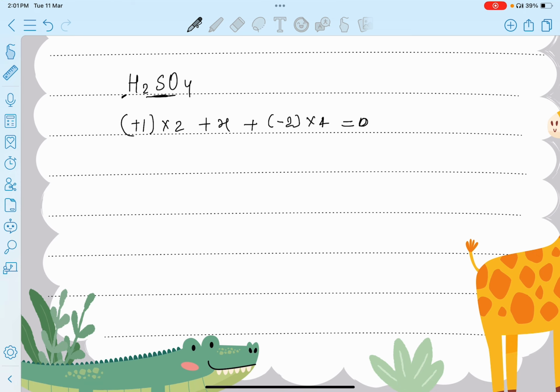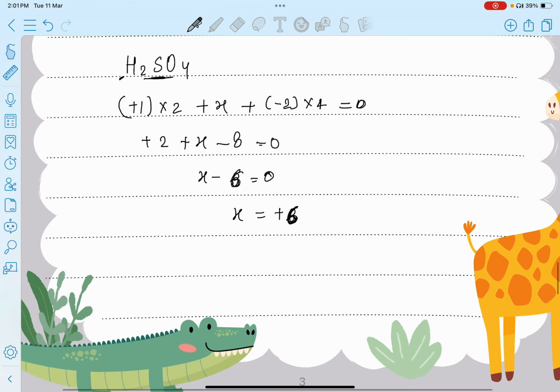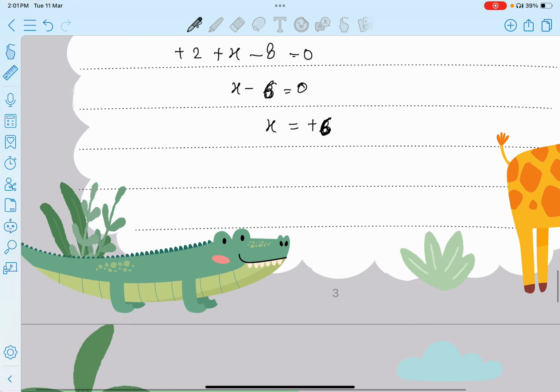So it becomes +2 plus X minus 8 equals 0, so X minus 6 equals 0. So X is equal to +6. So the oxidation state of sulfur in H2SO4 is +6.